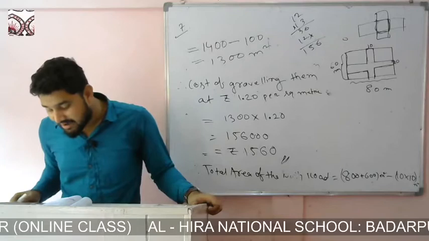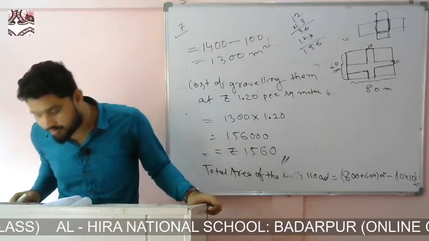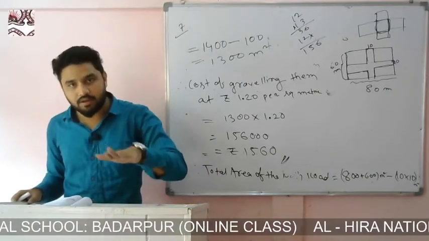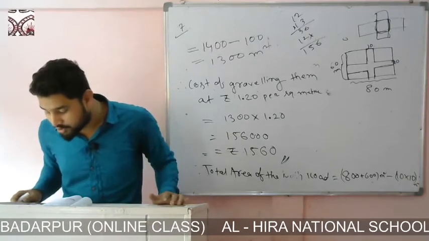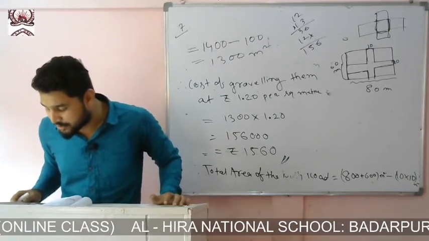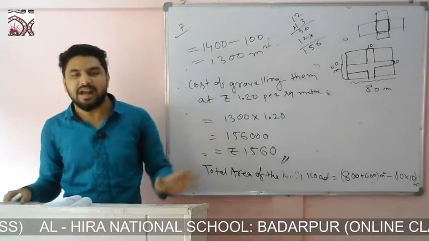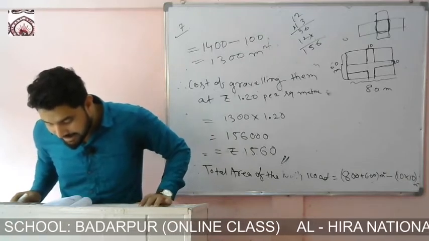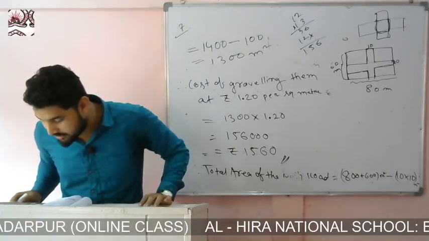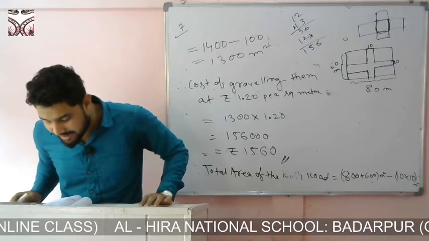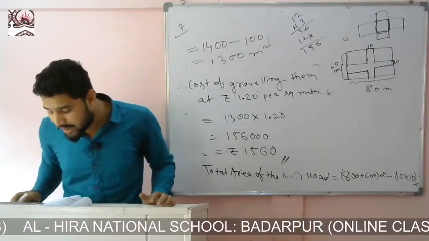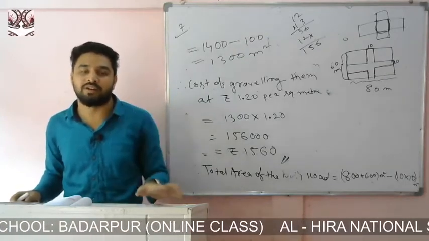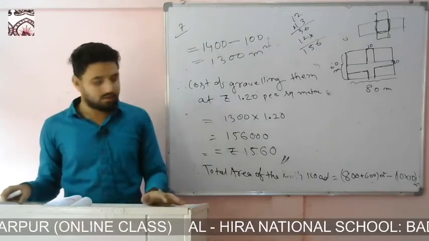Further, if a carpet is laid on the floor so that a space of 1 meter exists between its edges, that means from all the sides 1 meter edge remains, and the edges of the floor. What fraction of the floor is uncovered? That means we have to find the fraction of the floor uncovered.